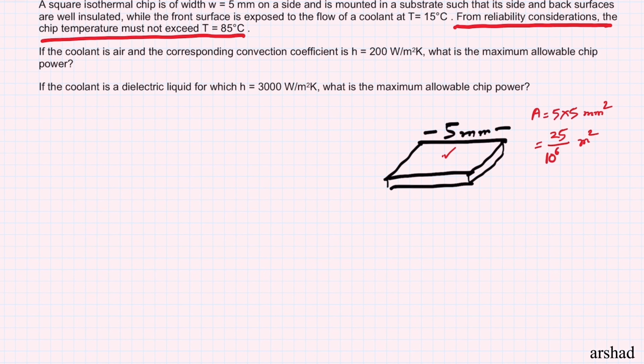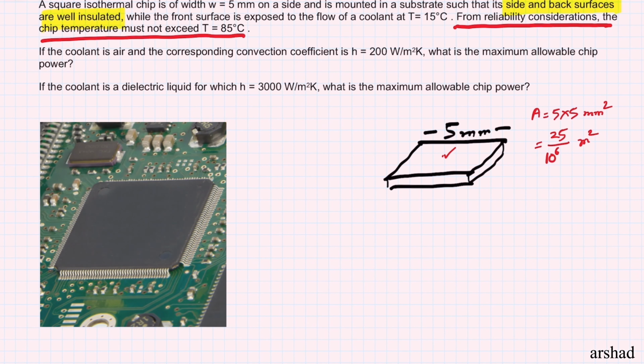Since the question says that there is no heat transfer from the side and back surfaces, that's a critical piece of information: the side and back surfaces are well insulated. So this means the side surfaces, and the back surface which is located here, are not transferring any heat. In a real chip, typically the sides have a very small surface area.